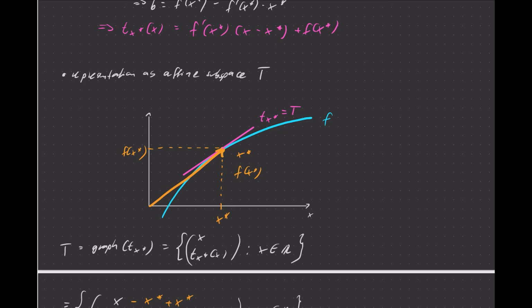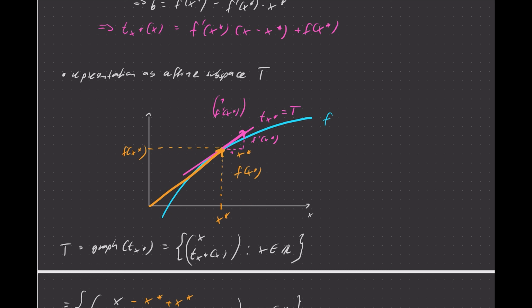If we take that point here and then move to the right by 1, then of course moving up by f prime of x star will simply take us exactly to the point on that tangent here, because f prime is the slope of that tangent. So that vector here is in effect this vector here. Yeah, that is the vector given by 1 and f prime at the point x star.